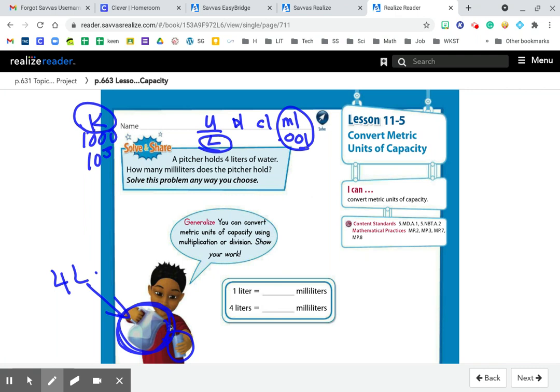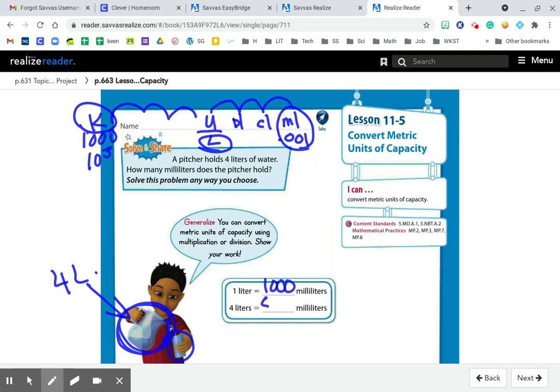And remember, this is 3 hops away, and this is 3 hops away. So if we're going to go from a liter, which is our unit measurement, to a milliliter, we're going from larger to smaller, and we're going to multiply by 1,000. So if we've got 1 liter, we've got 1,000 milliliters.